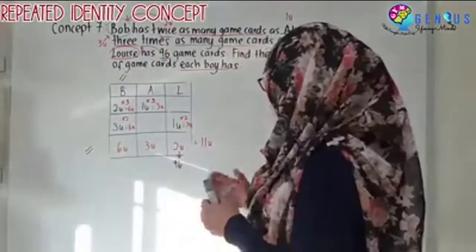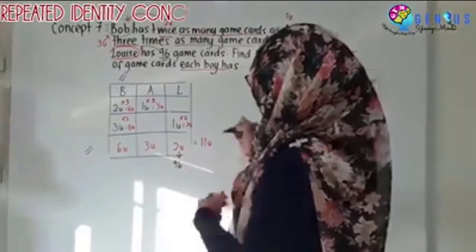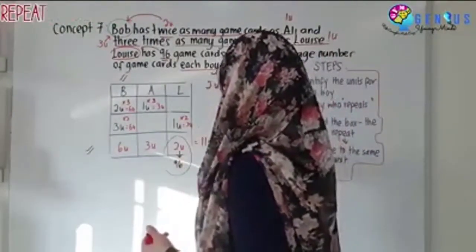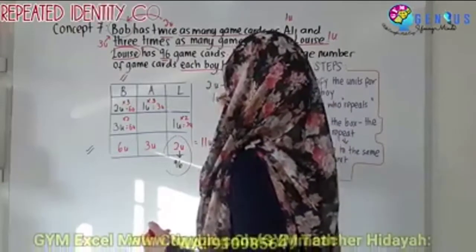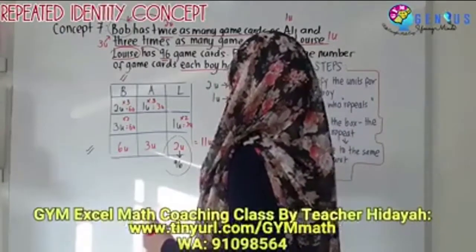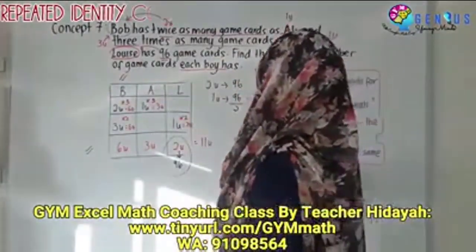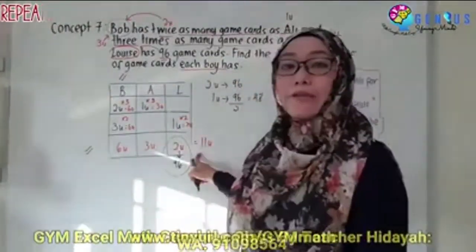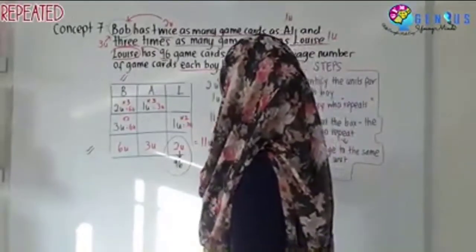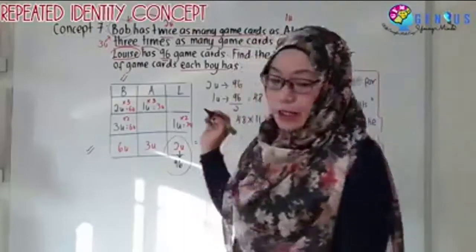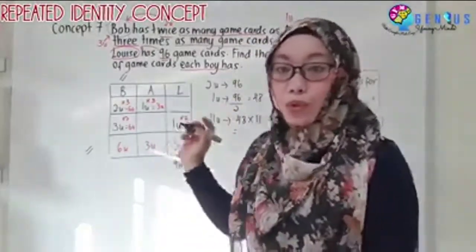So we have not completed this question. 2 units is 96. 1 unit is 96 over 2, which gives me 48. We don't stop there. We find 11 units. 11 units is 48 times 11, so this gives me 528.